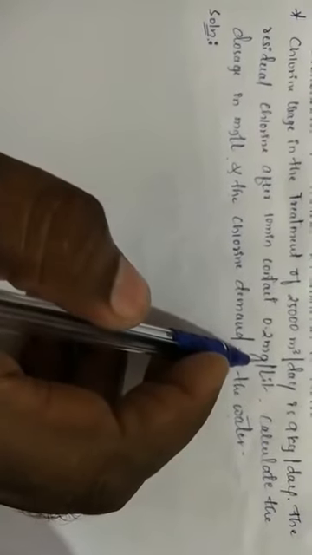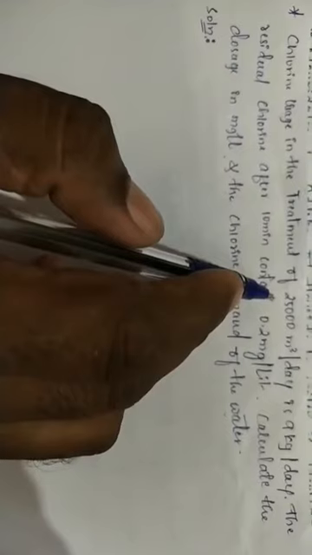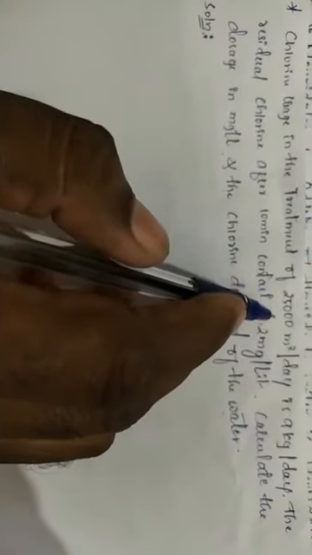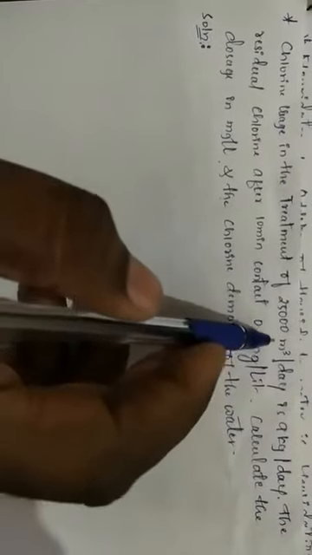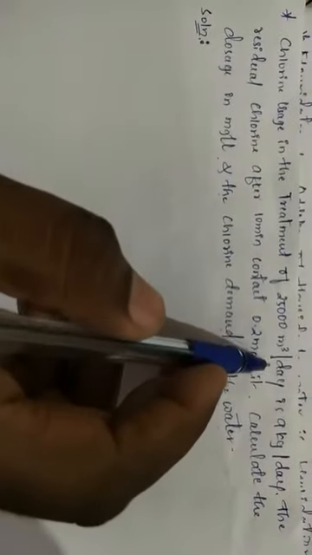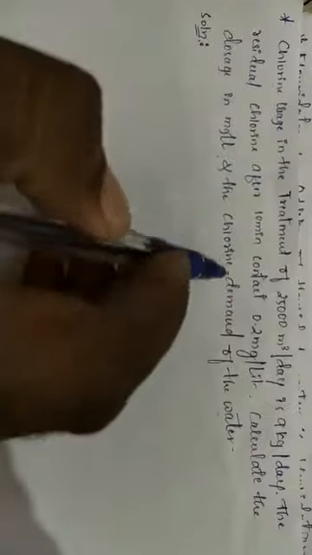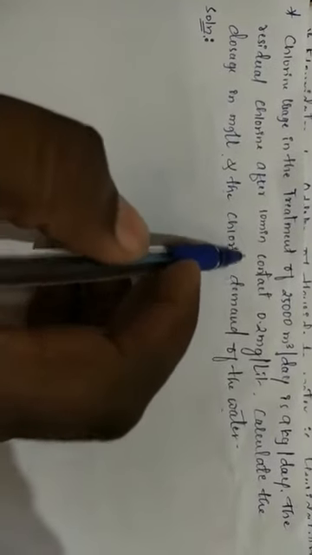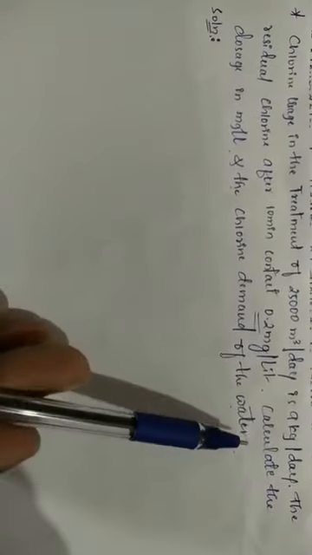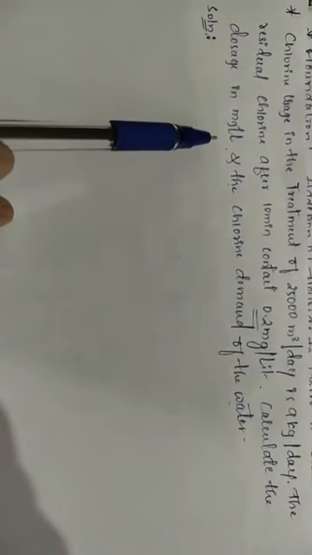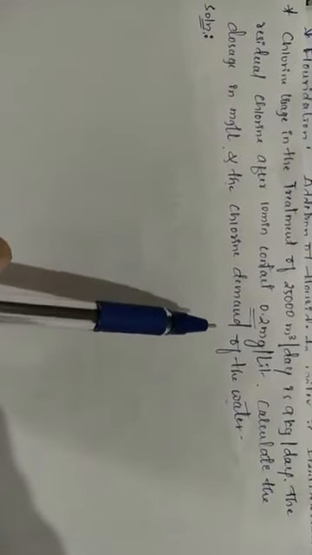In this question, the chlorine requirement for treating 25,000 meter cube per day is 9 kg per day. 9 kg per day is required to treat this much water. And the residual chlorine after 10 minutes of contact is 0.2 mg per liter. This is the data they have given. Using this data, we calculate the dosage in mg per liter and also the chlorine demand of water.